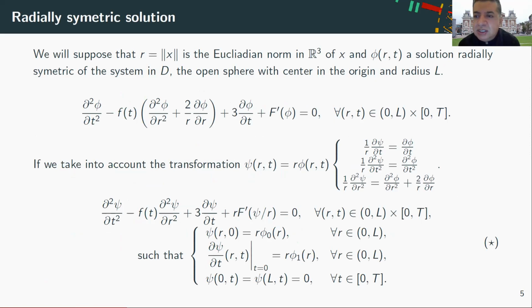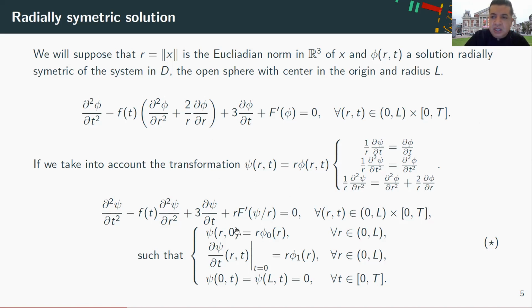We want to express this problem in terms of the radially symmetric solution, where the variable r is the Euclidean norm of x in the space, and phi is a radially symmetric solution of the system. So the problem can be written in this form, but we perform the following transformation.